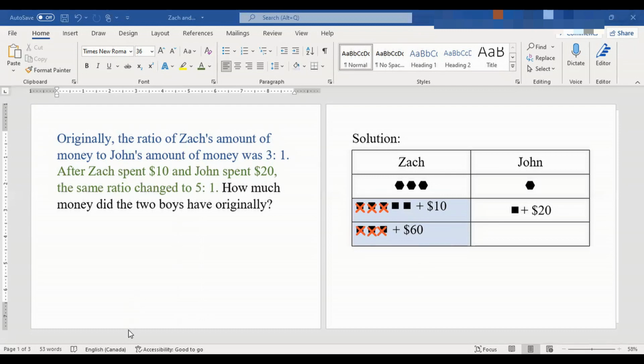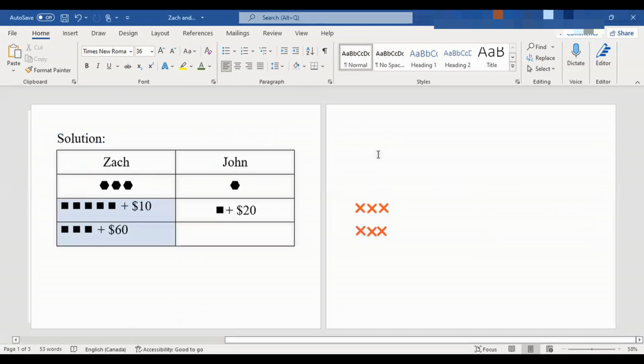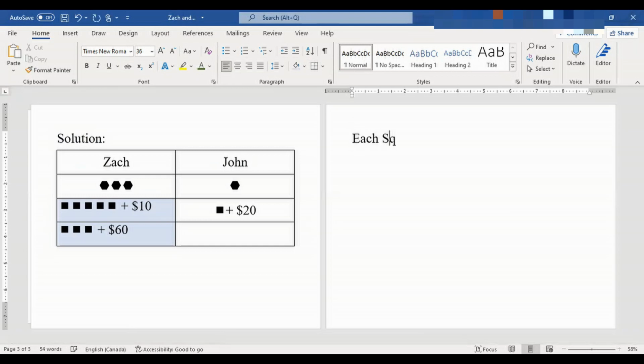And since we have found out something very important, and this will help us find out the original amount of money each boy had, we're going to write it down. Each square represents that $25. This is very important, so keep it noted.